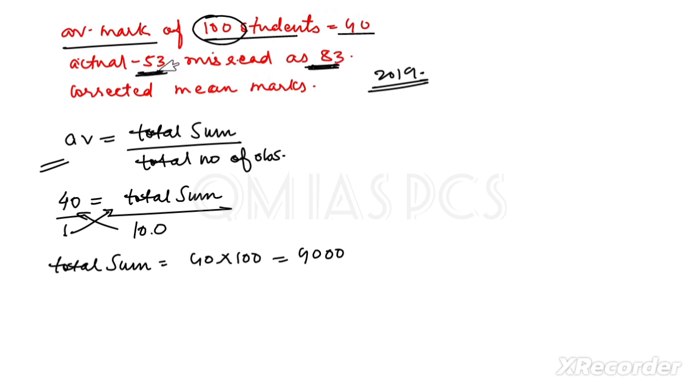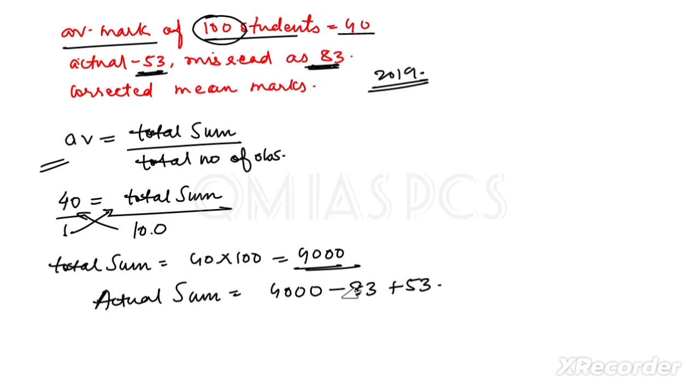So there will be some change in the mean. What we will do is subtract that wrong data from this total sum. So we will write the actual sum should be 4000 minus this wrong data. Now we have to add the correct data.